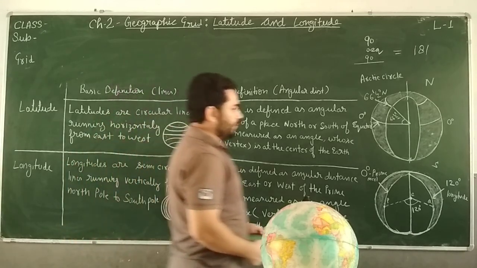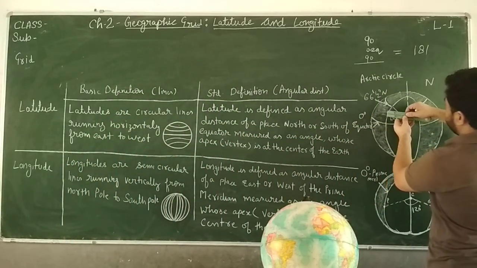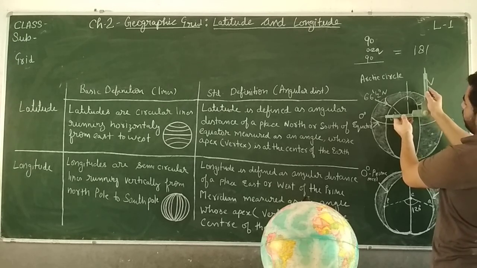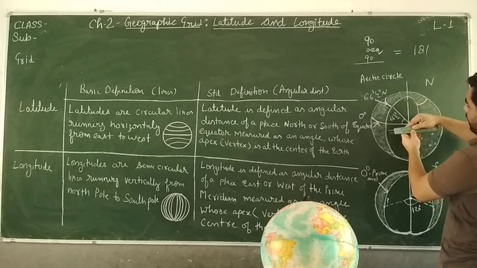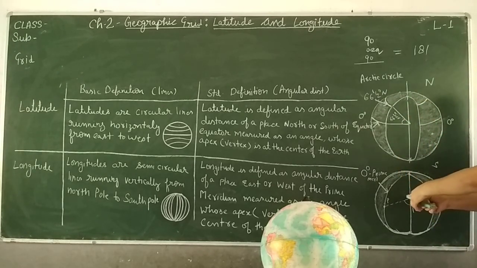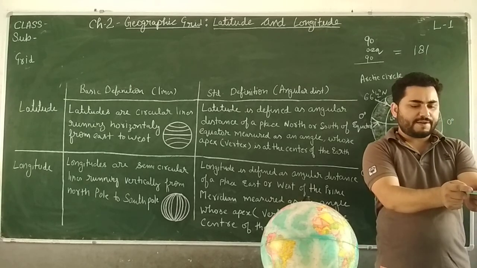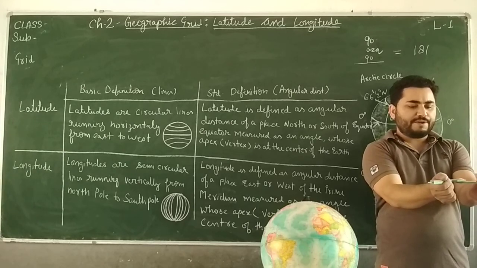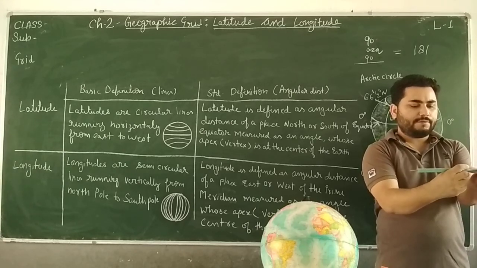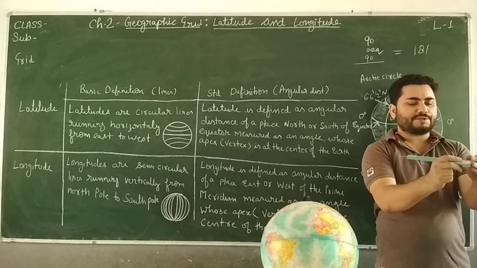Earlier we were measuring like this, clear? Now we will measure like this, till 360. So if we are measuring distance this way, then we are measuring the distance of longitudes.